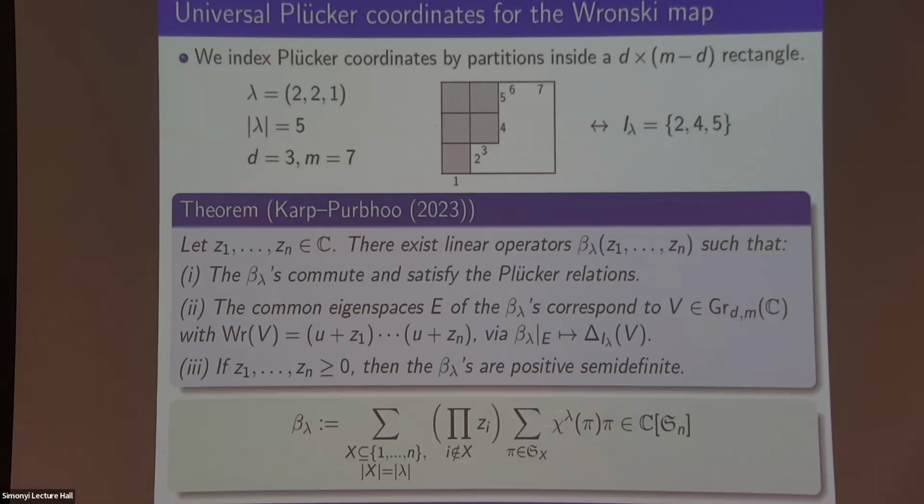What was the motivation for defining this operator? Excellent question. In Mukhin-Tarasov-Varchenko's work on this, these operators naturally arose when lambda is a single column. Then in my collaborator Kevin Purbhoo's previous work, he had these dual operators where lambda is a single row.